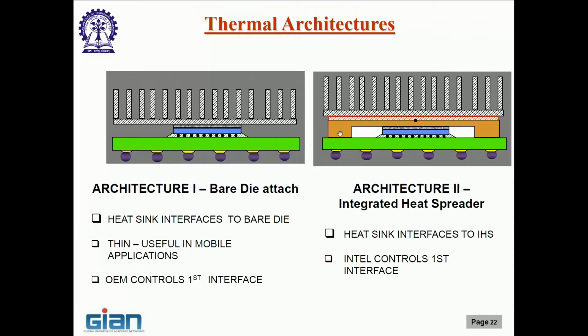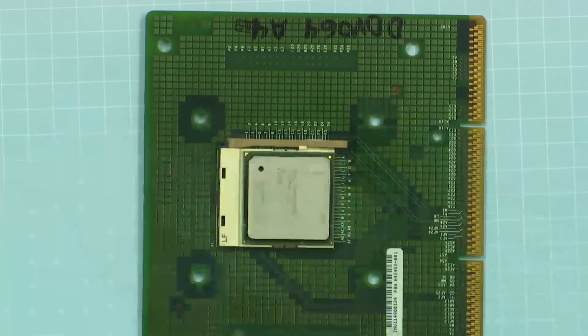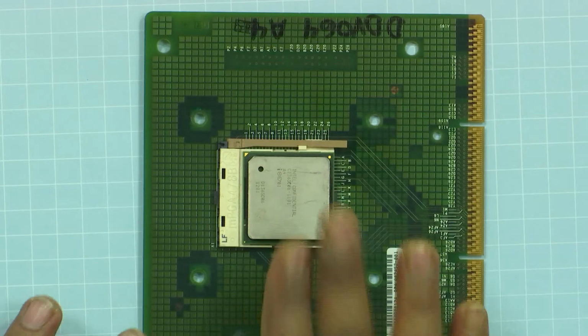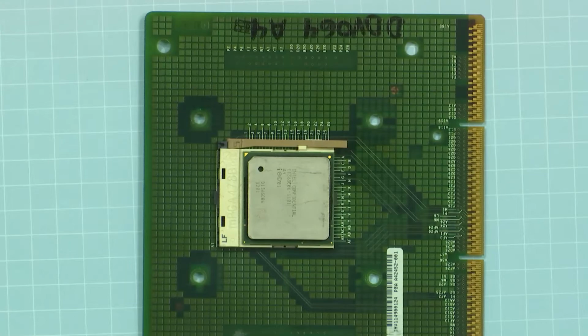So, here also the semiconductor manufacturer controls. What is sold by the semiconductor companies like the Intels and AMDs is a package in this manner, which also has the lid or integrated heat spreader. Therefore, the first level of interface between the silicon and the heat spreader is controlled by the semiconductor manufacturer. The second level, where the heat sink comes on this heat spreader, is controlled by the equipment manufacturer.